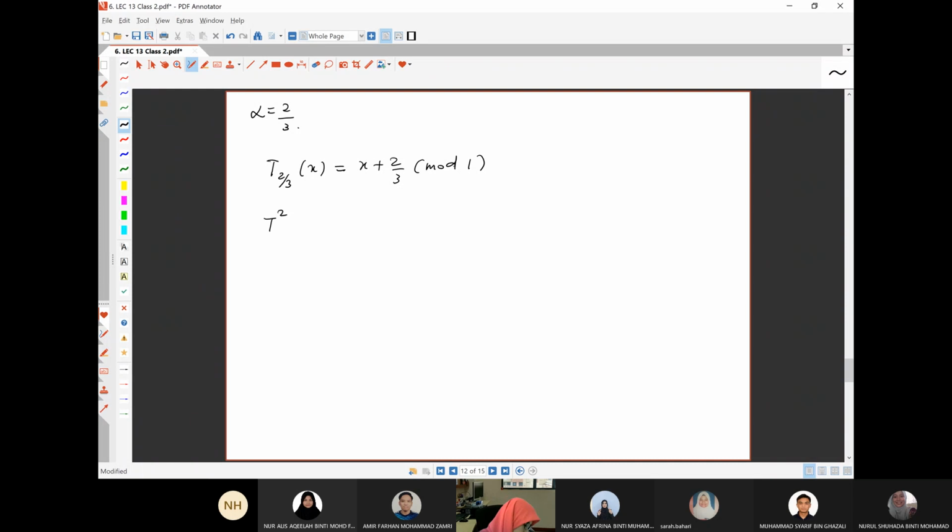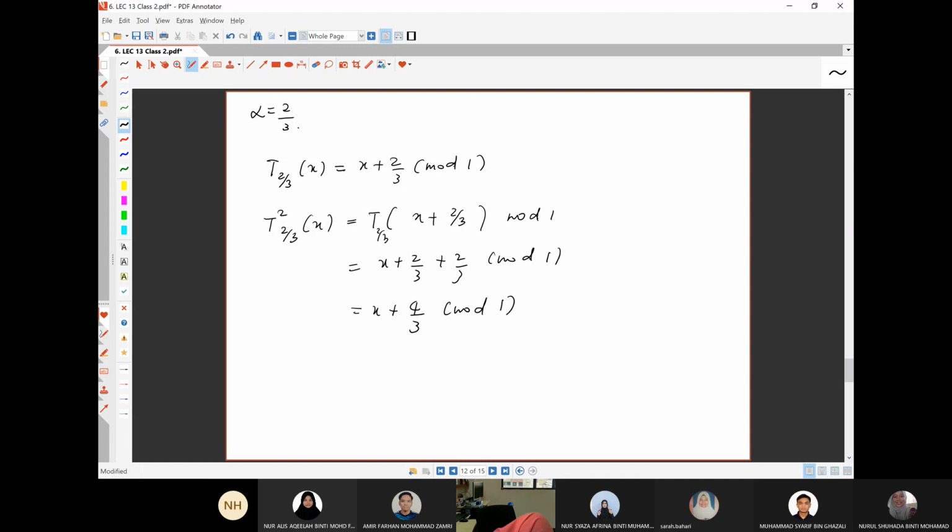So T power 2 of x is T of x plus 2/3, which is x plus 2/3 plus 2/3 mod 1, so x plus 4/3 mod 1.